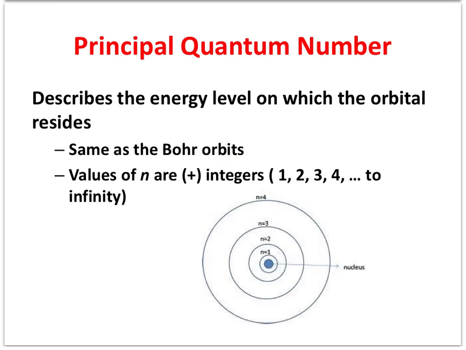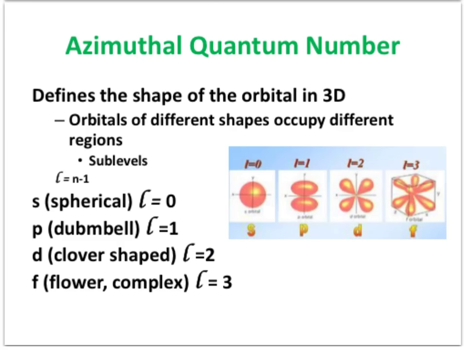But the fact that they're still found in certain regions outside of the nucleus is what we call our energy levels. Energy levels can be positive integers, so positive whole numbers from 1 to infinity. Here we see on a diagram n is equal to 1, 2, 3, 4. That tells us the number of energy levels.